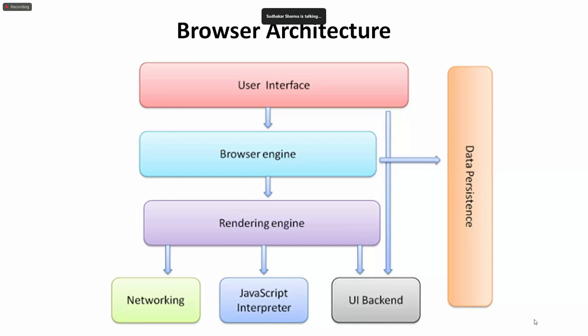All that work is done by the network. Networking is responsible for collecting and loading the resources required. Resources means images, scripts, CSS. Everything loading is done by the network, which identifies the resources.